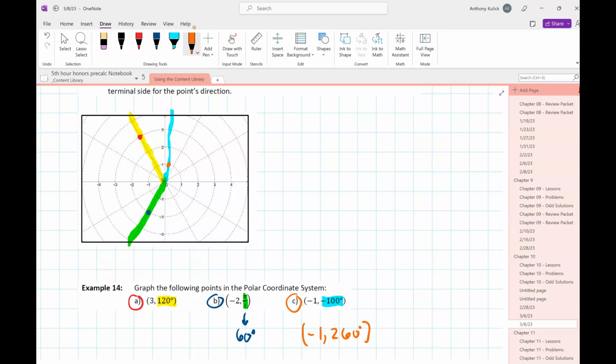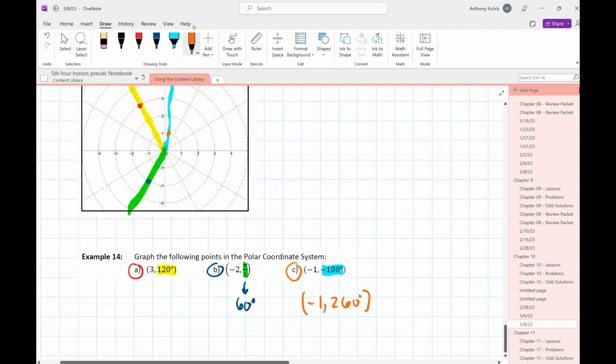Because 260 and negative 100 are coterminal, so it's the same starting location. You do the same flip. What if I had asked you to plot, say, positive 1 and then 80 degrees? What's that going to give me? Same thing, right? If I look at the picture, that's 80 degrees and we're 1 up on the circle count.